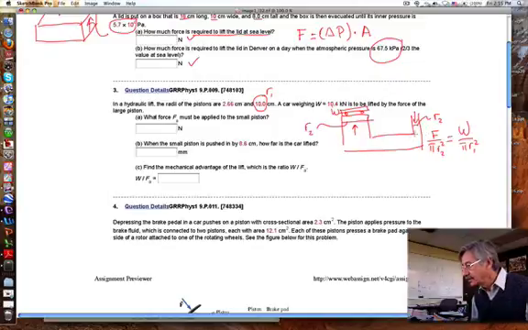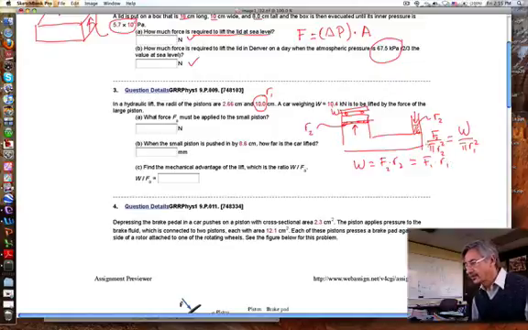Now you move this a distance, and the other side moves up another distance, and the work done is the same. So the work is this force, let's call it F2, times that distance, and this has to be equal to the force on the other side times the distance on the other side.